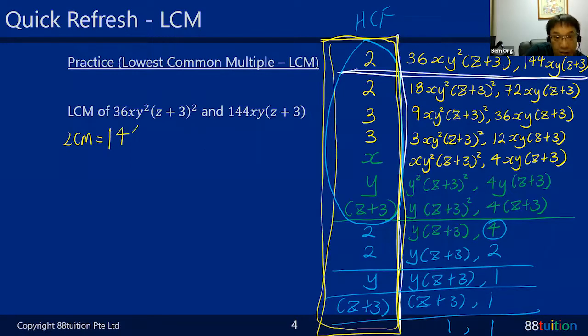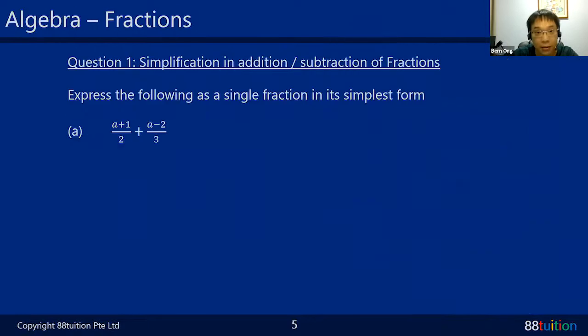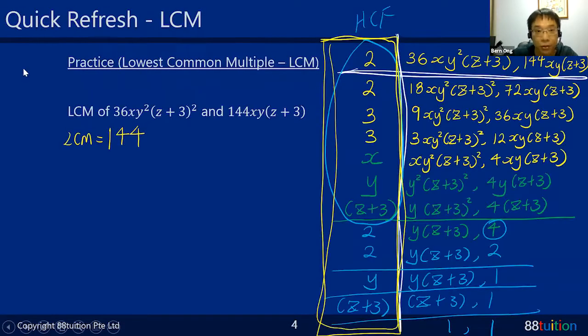Doreen, correct or not? Let me check Doreen's work. She gave me an answer as 144 x, y. Where got (x, y) bracket squared? No, it's x first, because there's only one x here.